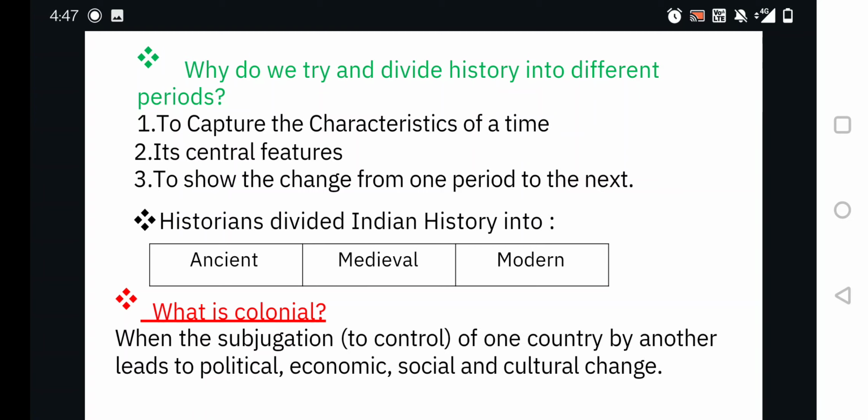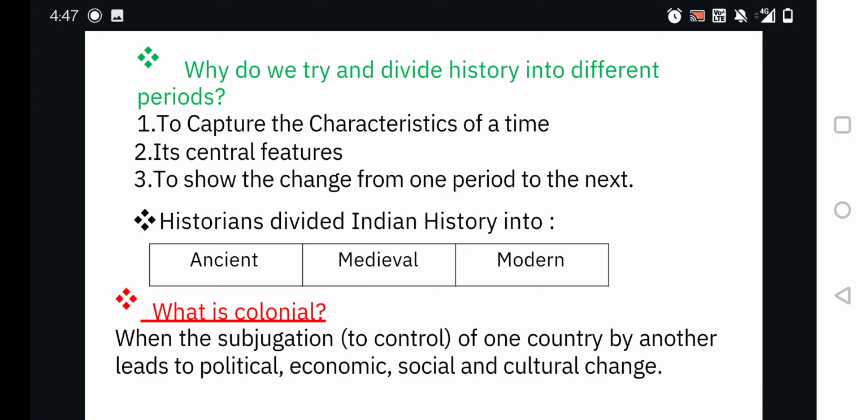So James Mill thought or wrote that in the ancient period, mostly the rulers were of the Hindu religion, in the medieval period all the rulers were Muslims, and the British period was classified as the period in which Christian rule started.